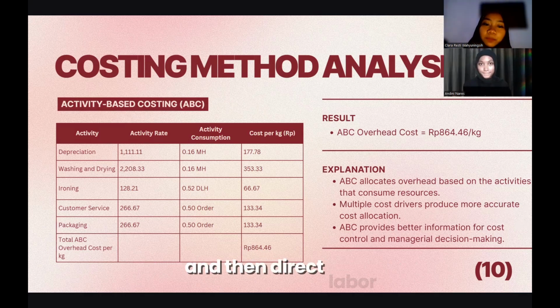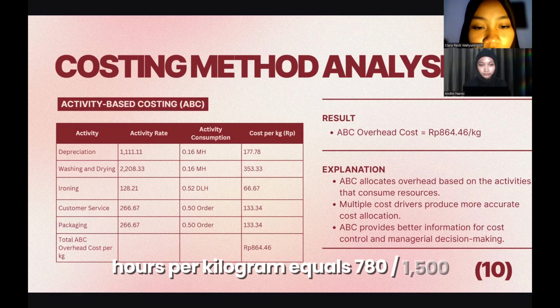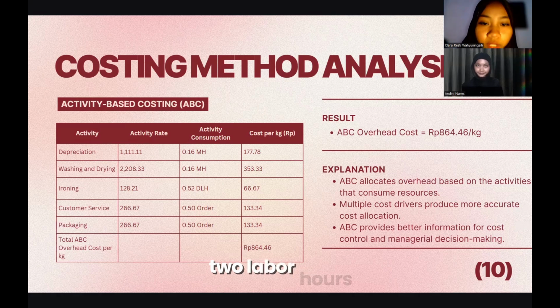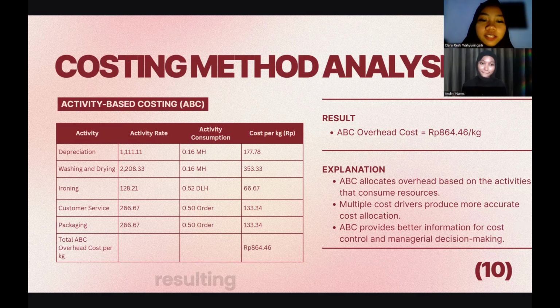Direct labor hours per kilogram equal 780 divided by 1,500, resulting in 0.52 labor hours. Orders per kilogram equal 750 divided by 1,500, resulting in 0.50 orders.